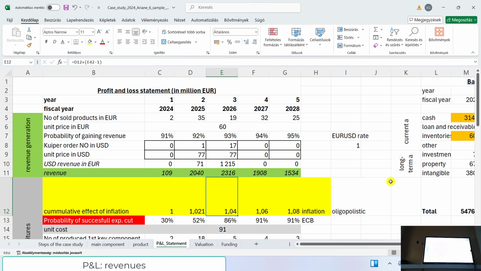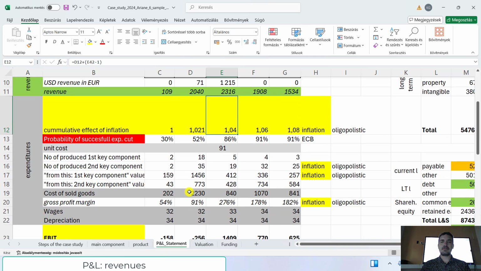Also, if you are importing engines from the US, so when you are not using legacy hardware but some US one, then a similar thing will happen in the future with your profit and loss statement as well. Just in this case, you don't have to convert between euro and US dollars, because at the engines everything will be US dollars, so you don't have to add further rows.